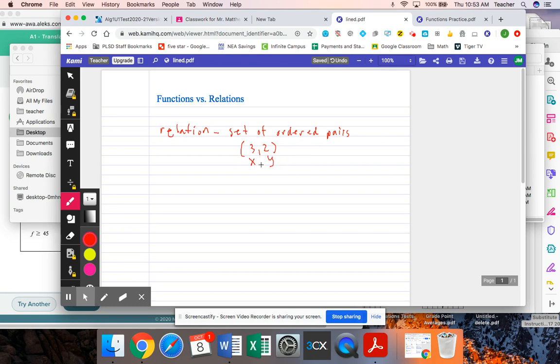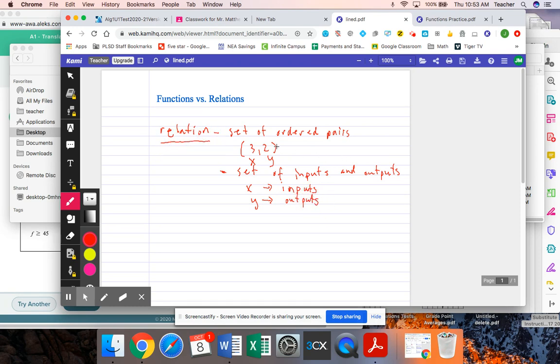You may also hear it listed as a set of inputs and outputs, where the x's are the inputs and the y's are the outputs. So that's what a relation is.